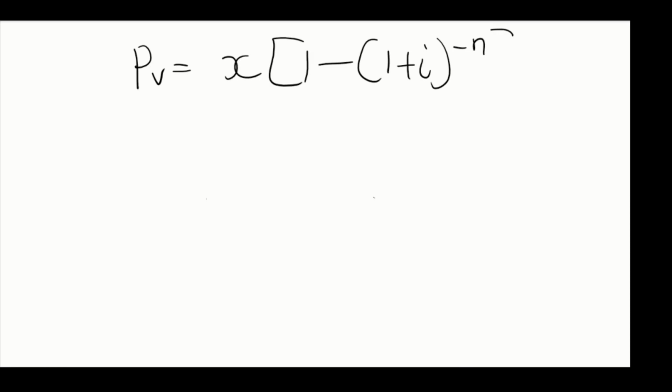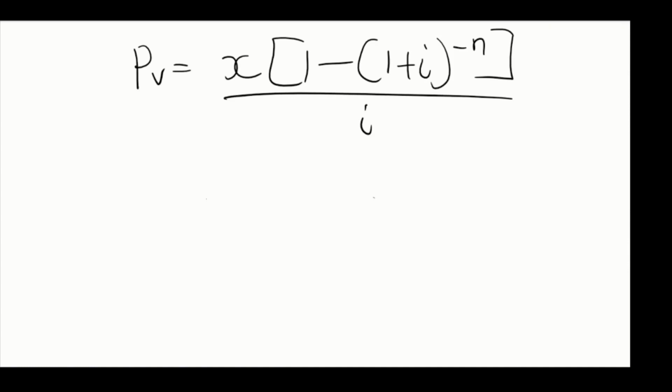we're going to use the present value formula, PV equals x into 1 minus 1 plus i to the power of minus n, divided by i. Why are we using the present value?